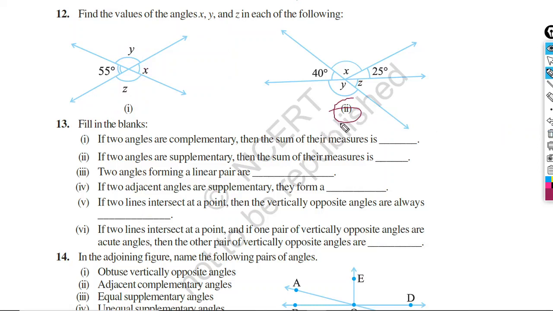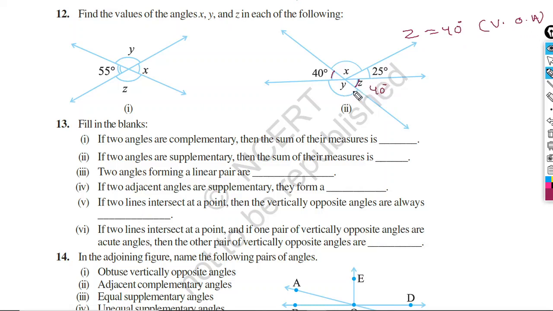Okay, here what we will do? Now you see 40 degree and z are vertically opposite angles, isn't it? Therefore you can write z equal to 40 degrees. Why? Vertically opposite angles. Now we got z equal to 40 degrees.